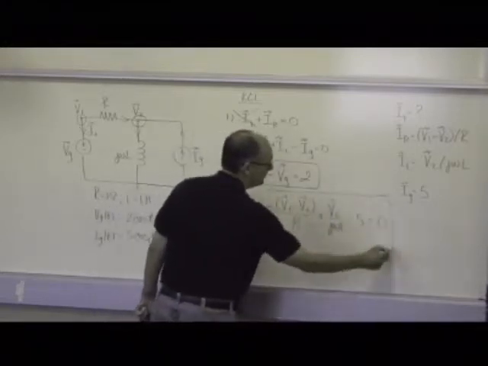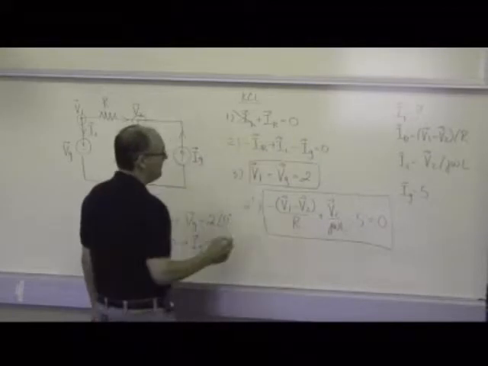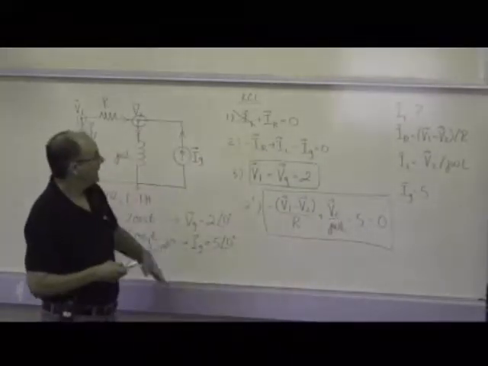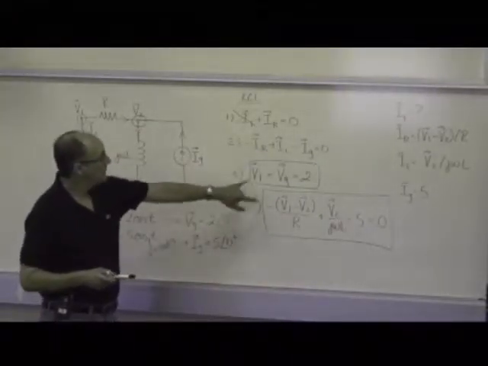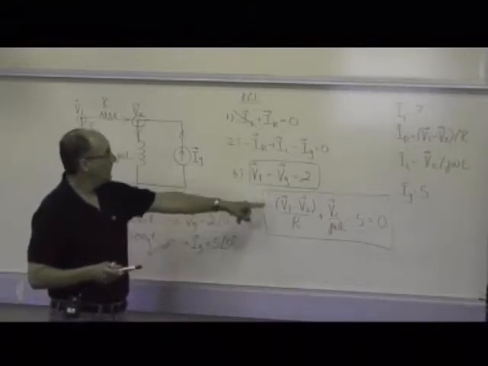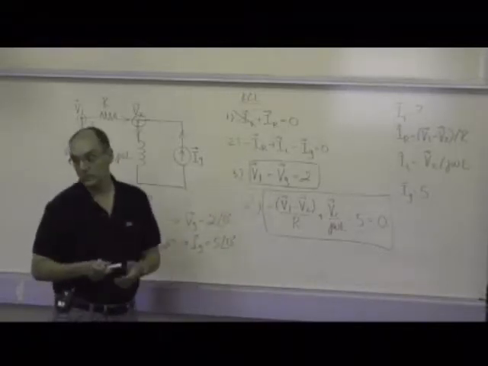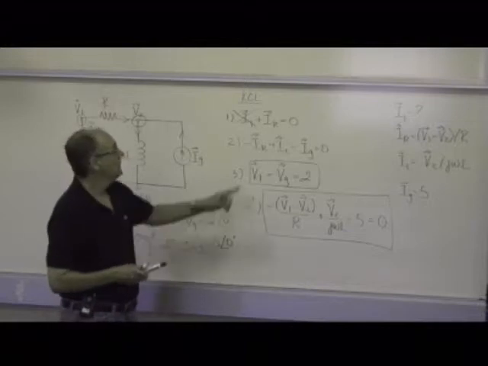These two are my basic equations here, and from them I can actually calculate V1 and V2. I have 2 equations in 2 unknowns, V1 and V2.